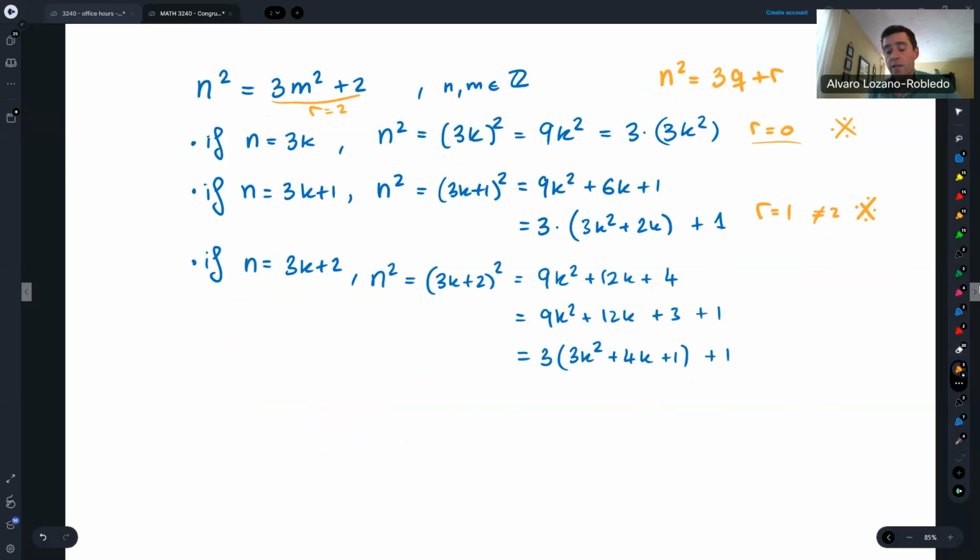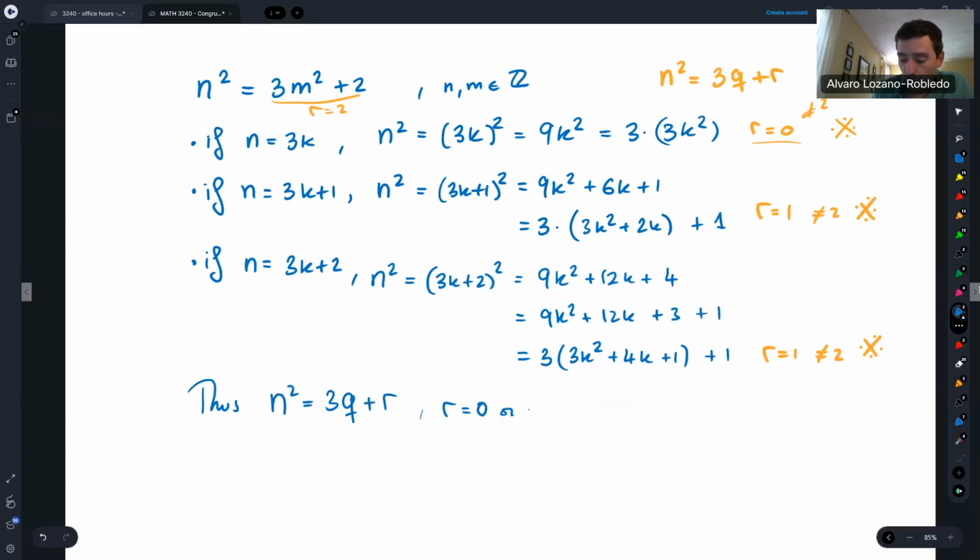Then again I see that n squared would be a multiple of 3 plus 1, so the remainder when dividing by 3 would be 1, which is again not 2, and therefore we've reached a contradiction. Thus, the remainder of n squared, if I write that as 3q plus r, r is 0 or 1, but never 2. Hence, n squared being of the form 3 times an integer plus 2 is impossible.